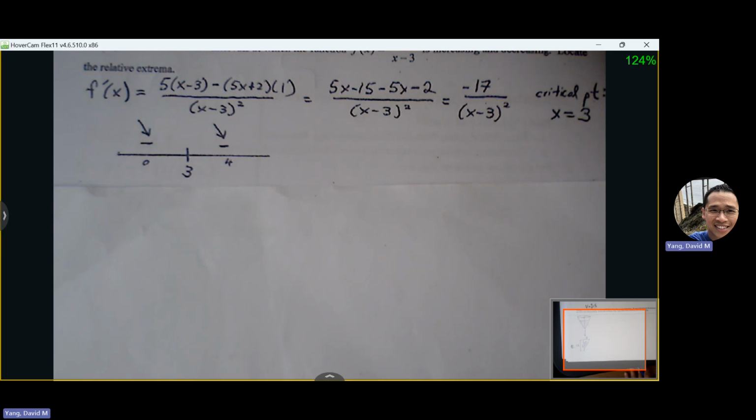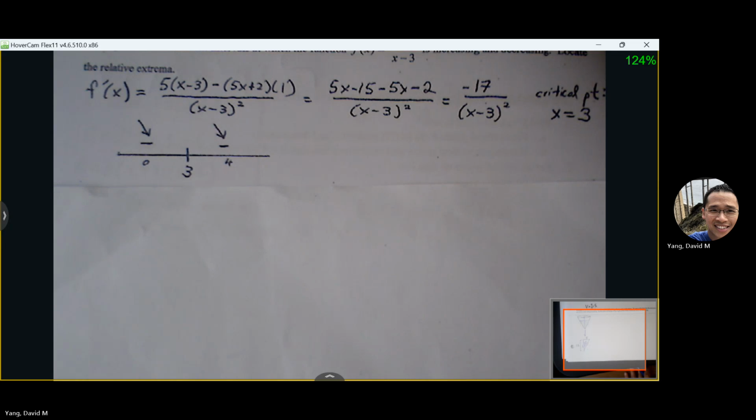Even if there's a change in sign there, we have to understand our graph's, our function's behavior: it's still an asymptote. This change in sign is not going to suddenly make it a relative minimum or a relative max. But as it stands, both intervals are producing negative slopes.